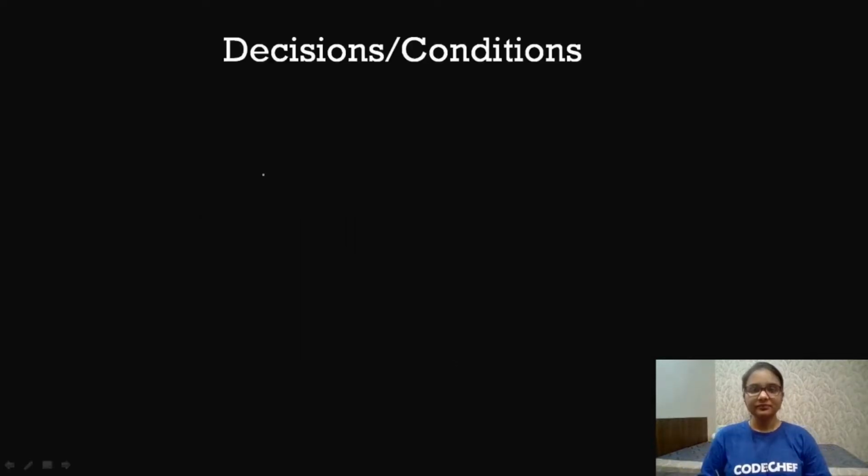Now we have already seen what kind of conditions can be there in the flowchart series, and based on those conditions, how do we make a decision? There we used a very simple example of finding out whether a number is even or odd. So we had to use a very simple expression that included a modulus operator and also the equal to operator, that is, n modulus 2 equal 0.